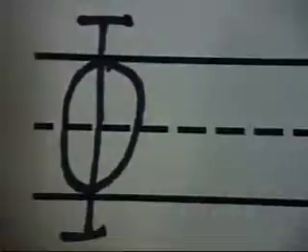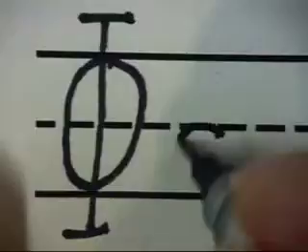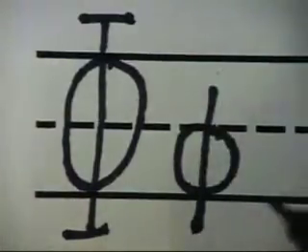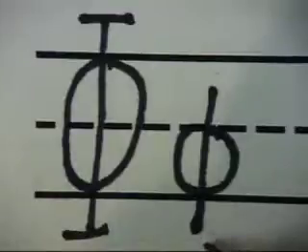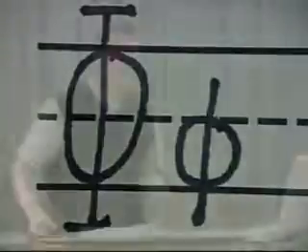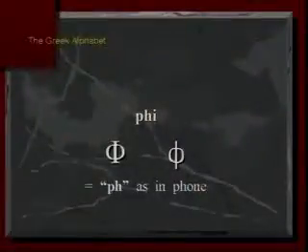The lowercase phi is even easier to make. It's smaller. You make what looks like an O, and you split that O in half. The thing you want to mark is that splitting in half extends below the line. So mark that. Okay, make sure you put that in your memory. All right, the phi in Greek corresponds to the PH sound in English, like you have in the English word for phone. So it's a PH sound.